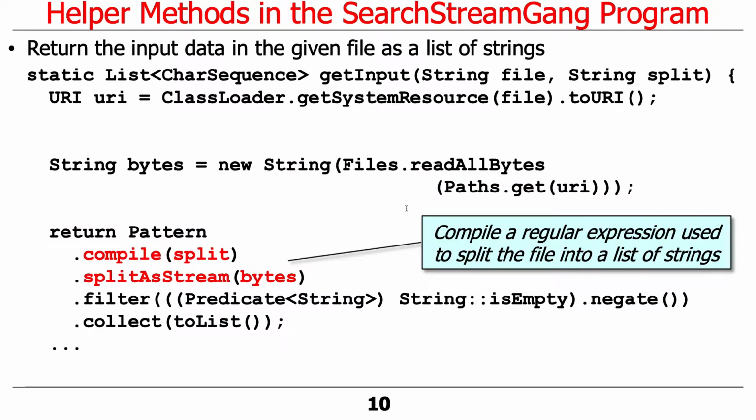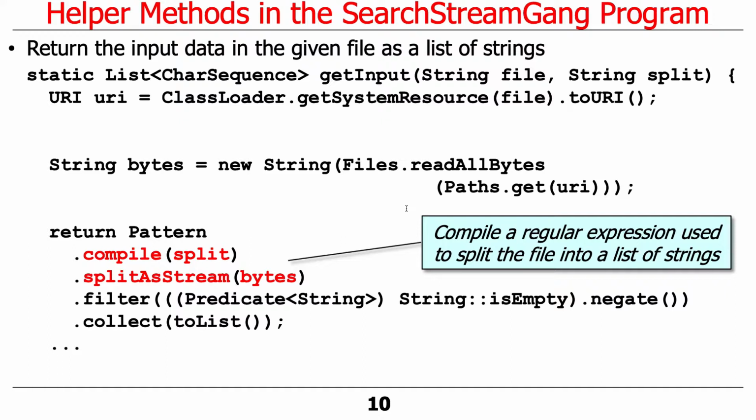And then what I do is I compile, using what was passed in here as the split parameter, which in this case is the @ sign, a regular expression, which will then split the bytes that contain the works of Shakespeare up into a stream, where every element in the stream is a string, or in this case, a char sequence. And I've split it by the @ sign.